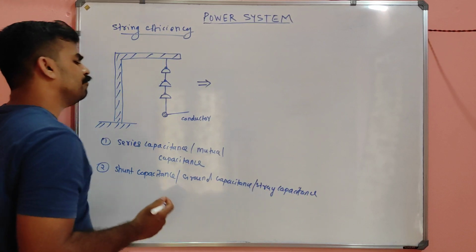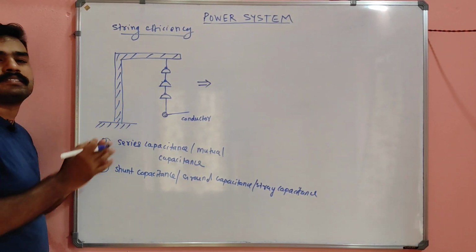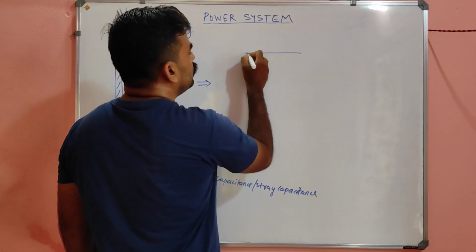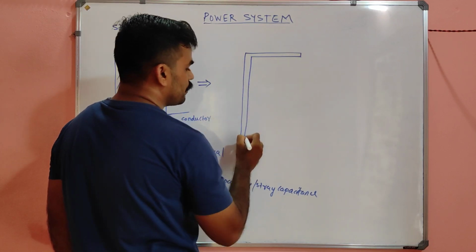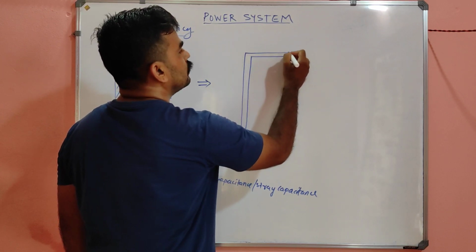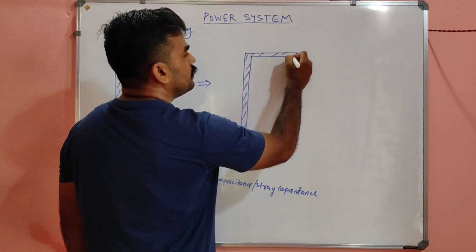And let's check where these two capacitors are formed. For that I am going to take its equivalent circuit. This is also grounded. This is the cross arm, and there is our insulator.